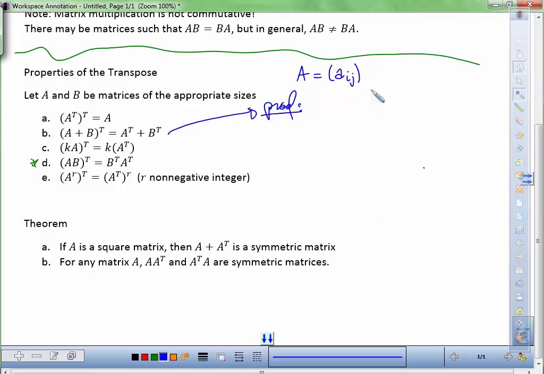Sometimes people put the subscripts i and j and the i's outside as well, but I don't think we need to do that. And to find A transpose, what would A transpose be? A sub ji. That would be the transpose.